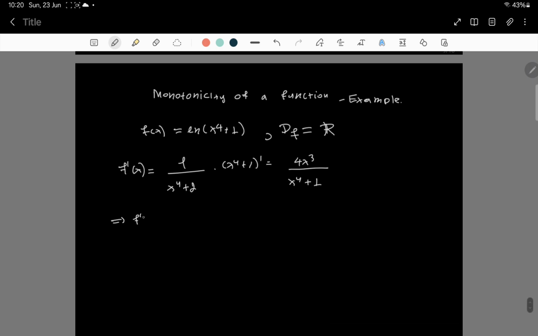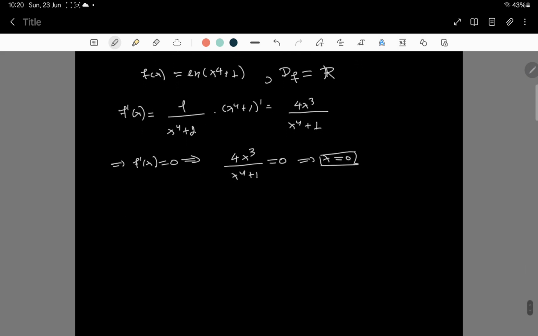Now I take this derivative equal to 0, and from here I get that x is equal to 0. Now I want to see for which values of x the derivative is positive. So I need to solve this inequality.